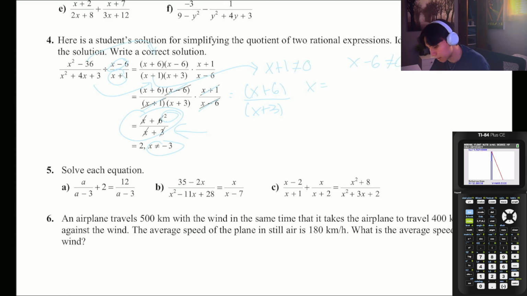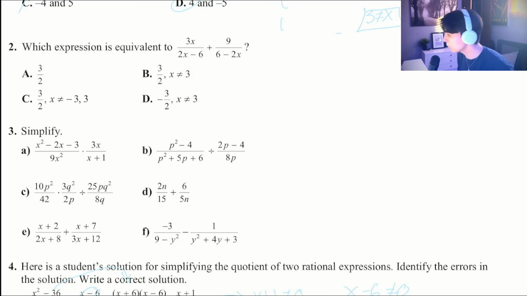So x cannot equal negative 1, and 6 as well. So that is also another error of this equation. The way you solve this, I'm not going to do all that. But yeah.